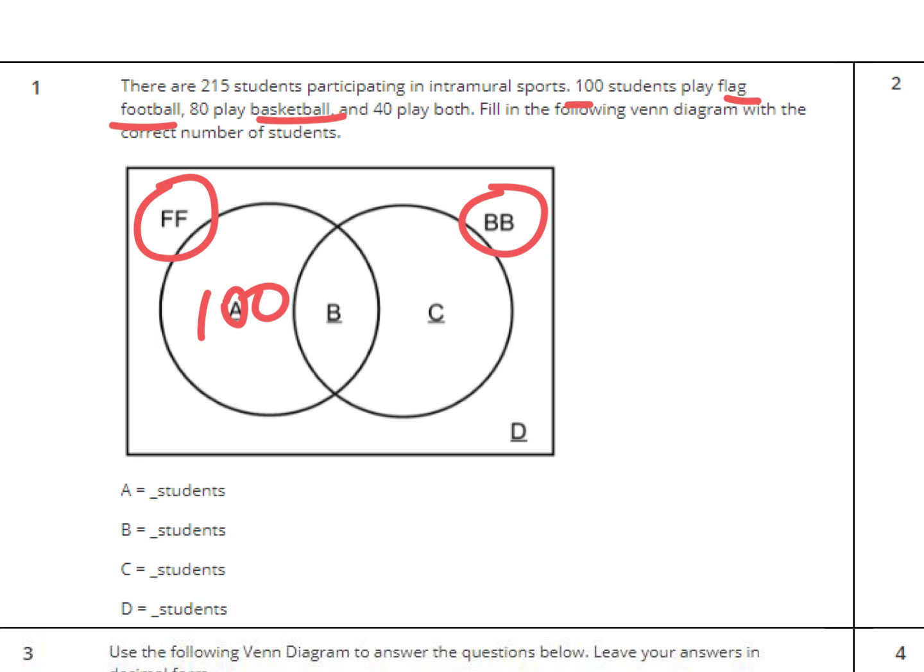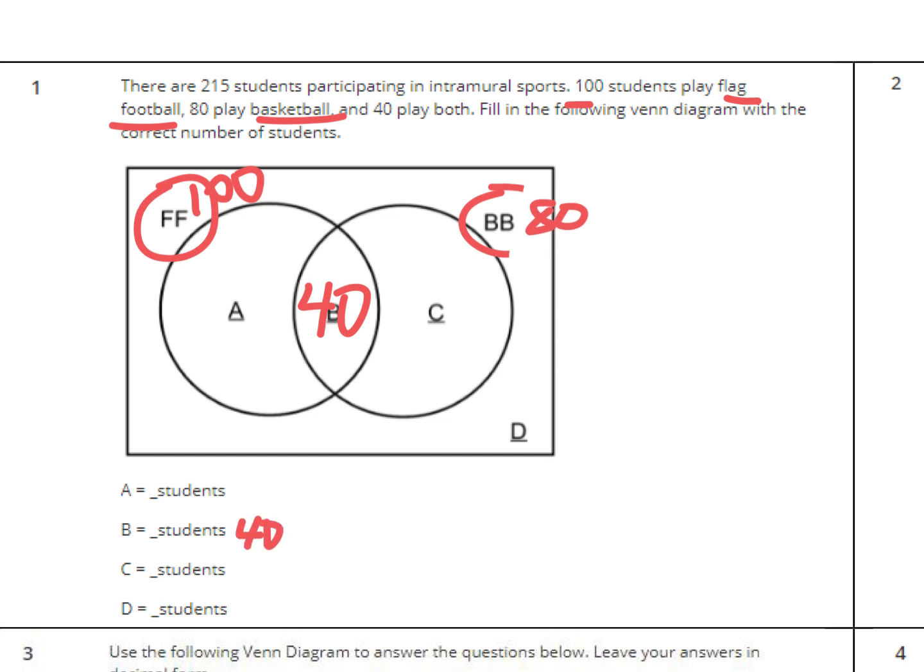Remember me talking about how together those are 100? So if I were you, I'd put the 100 up here. 80 play basketball. Again, that's not here, because there's some kids here who like basketball. Don't put it there. Basketball is 80, I'd put it right after basketball. 40 play both. Ooh, I know where that goes. 40 definitely goes there. So I already know B is 40.